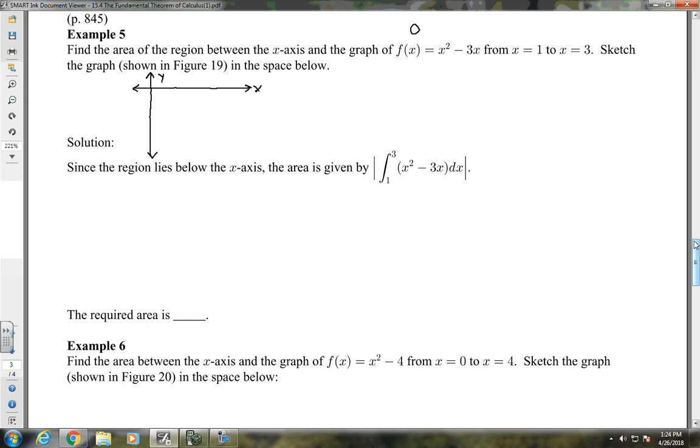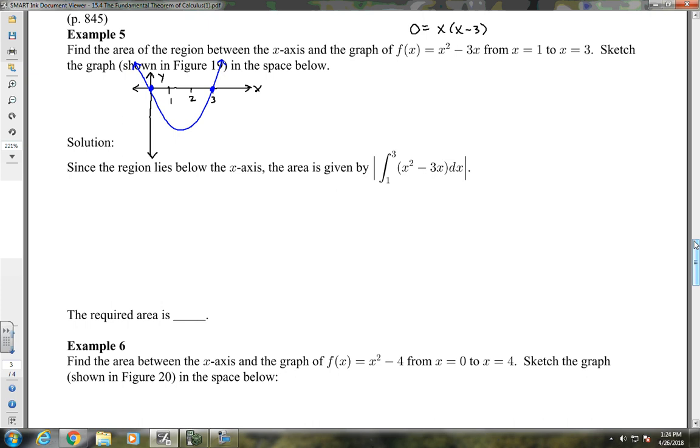If I set this equal to 0 and I factor out an x, do you notice that my two x-intercepts would be x equals 0 and x equals 3? So we'll plot our x-intercepts at x equals 0 and x equals 3. And we know this parabola opens up because my leading coefficient is positive. So we're going to get something about like this. Okay? That's sufficient to sort of visualize what's going on.